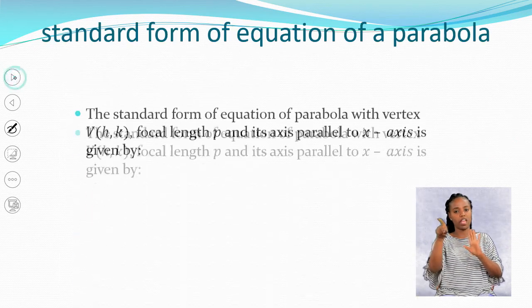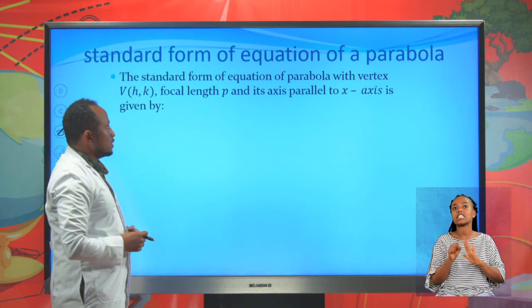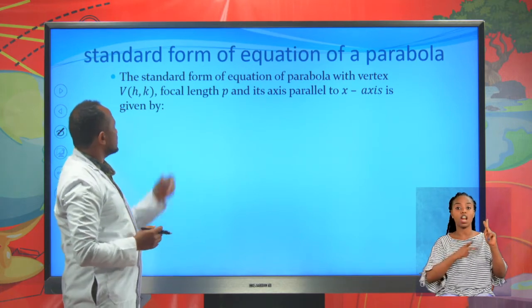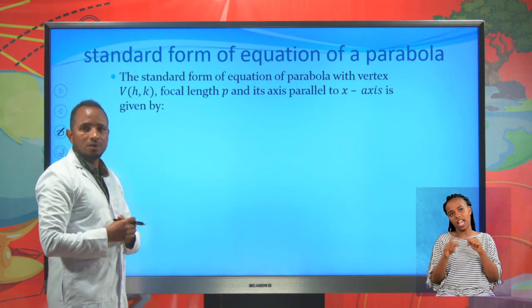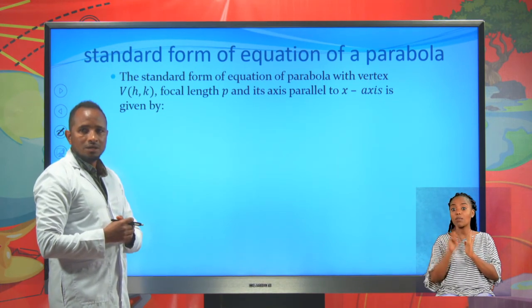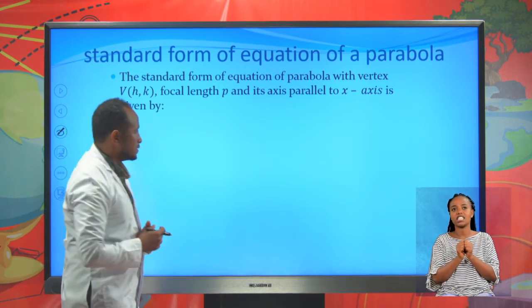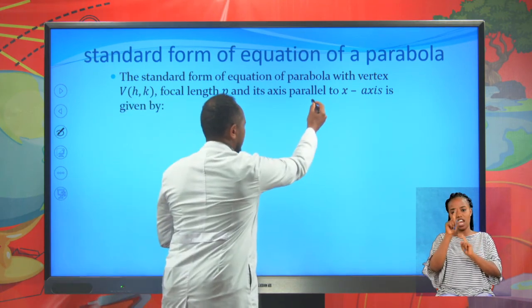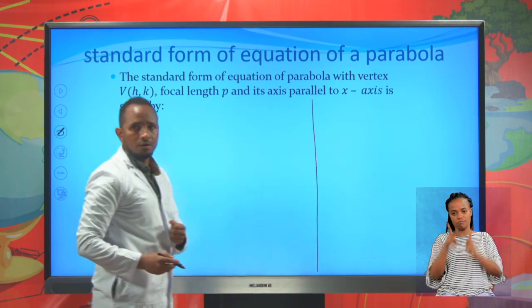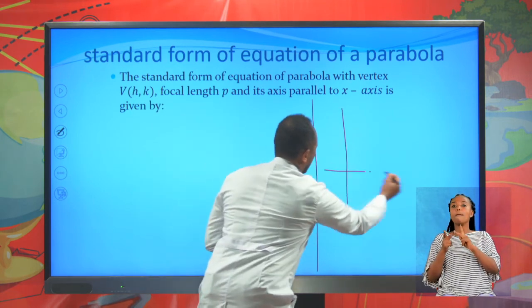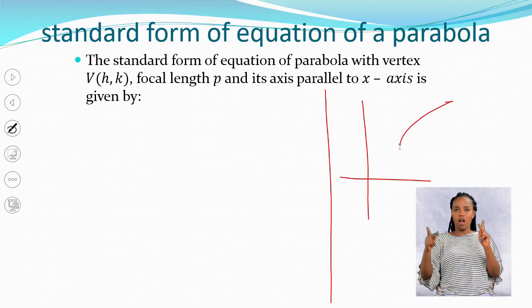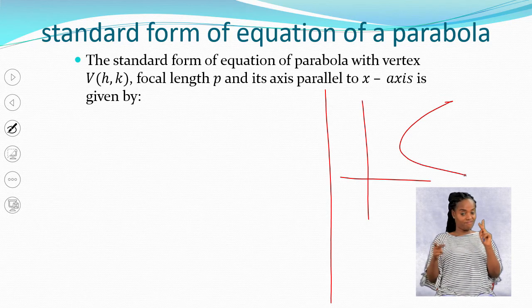Now let's see the standard equation of a parabola with vertex (h, k), focal length p, and its axis parallel to the x-axis. Here the parabola has this form. Its axis is parallel to the x-axis.